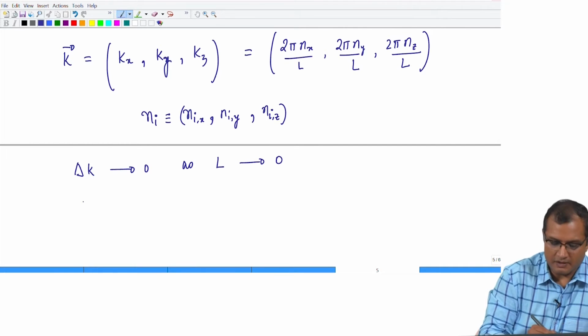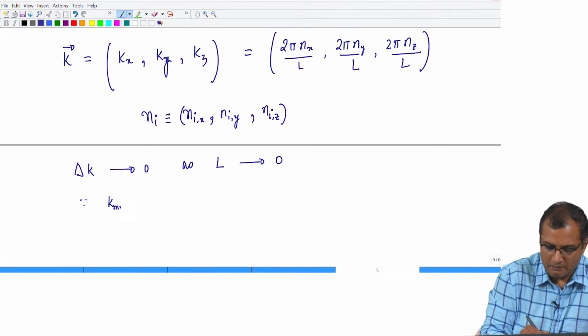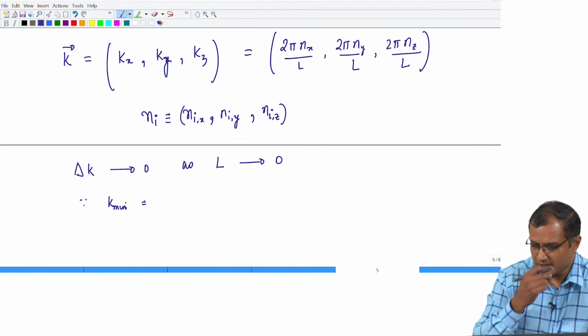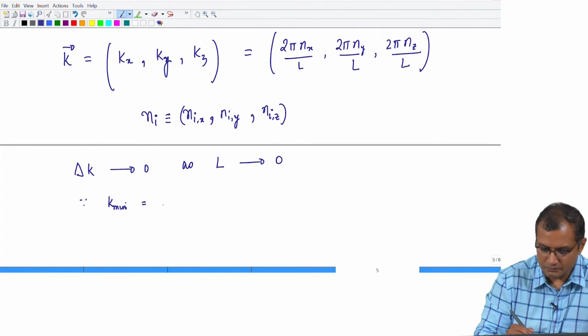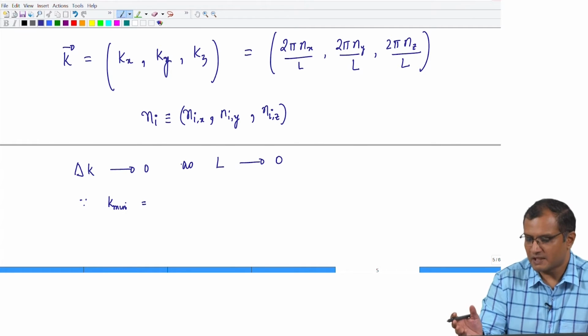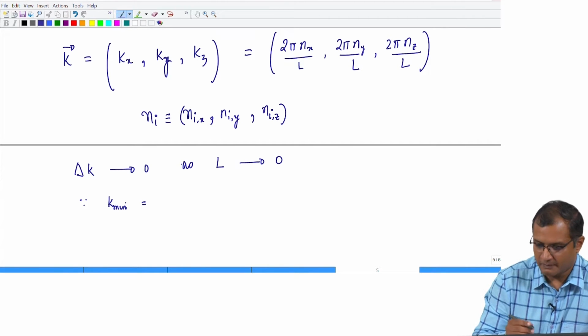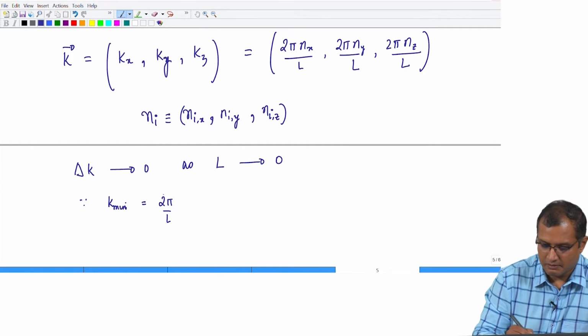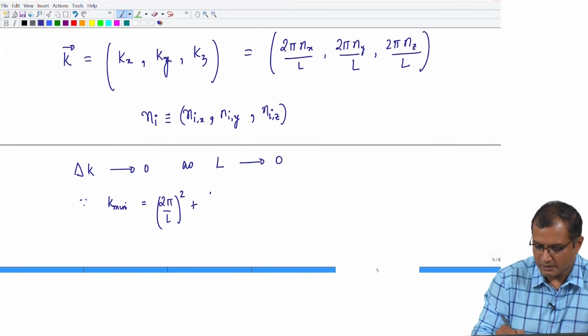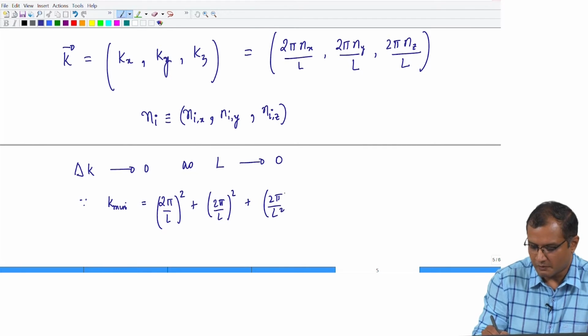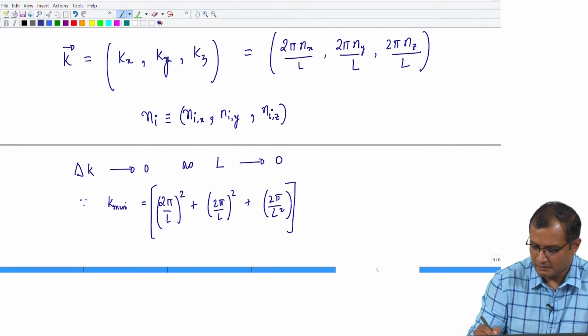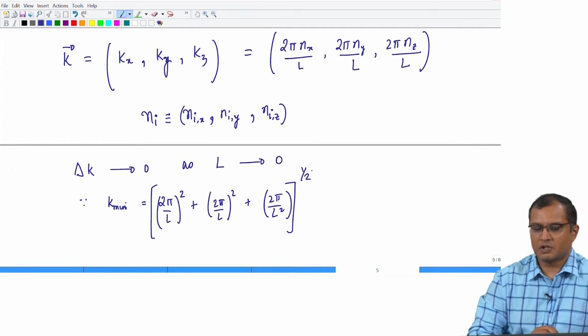You can take nx, ny, nz to be 1, the minimum value, so this k minimum would be of the order of 2 pi by L. It is basically the square root of 2 pi by L squared plus 2 pi by L squared plus 2 pi by L squared.